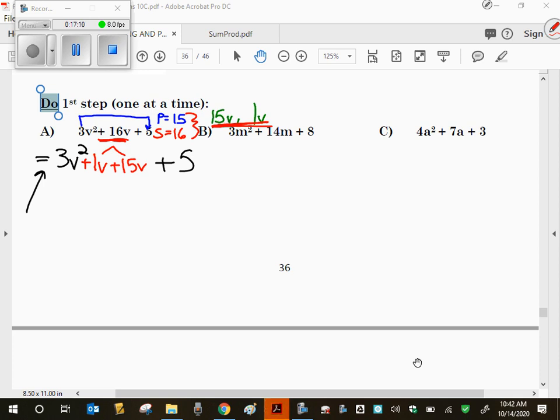Next step. Here's the hint. Slice and dice. Let's go really breaking this down. Everyone find the GCF of the blue terms. GCF of the blue terms.